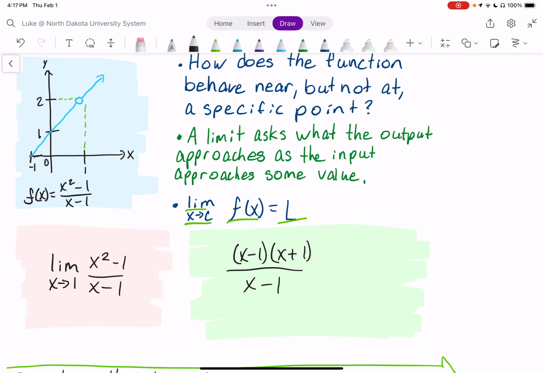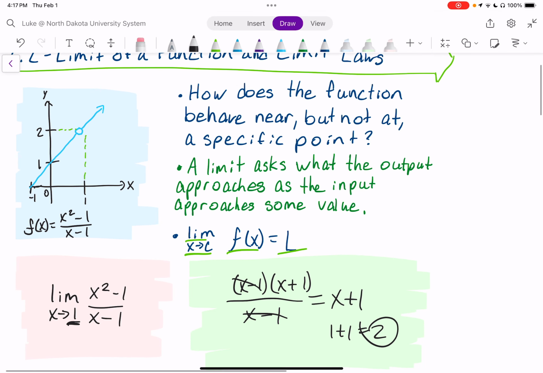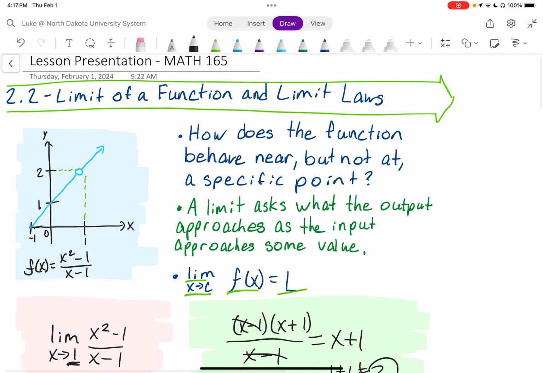And then we can divide the top and the bottom by x minus 1, which will give us x plus 1. Sub in our value that we're approaching, so that's 1. So 1 plus 1 equals 2, and that means 2 is our limit. And yes, that is consistent with what we have found graphically.